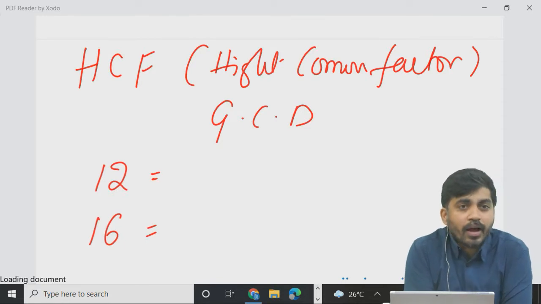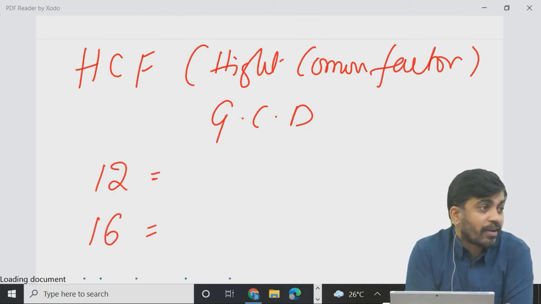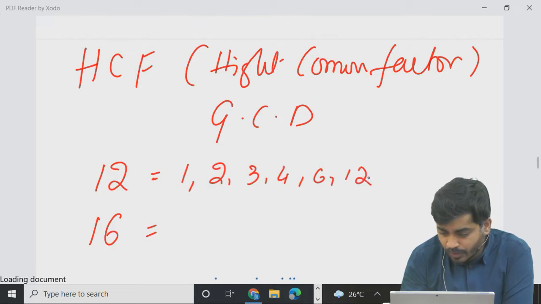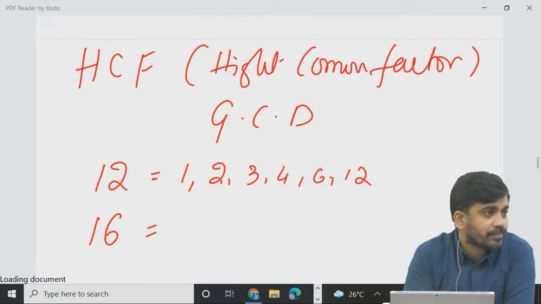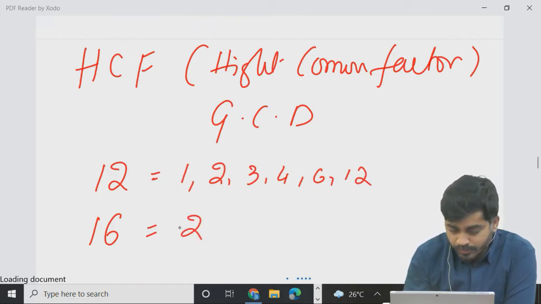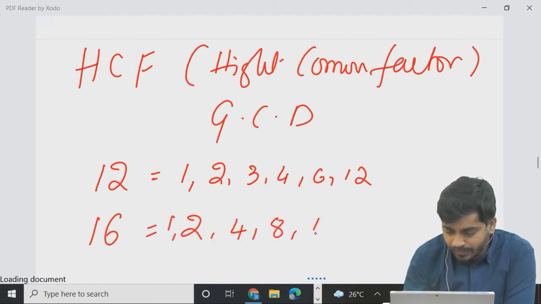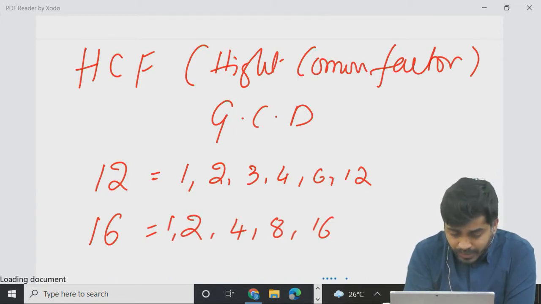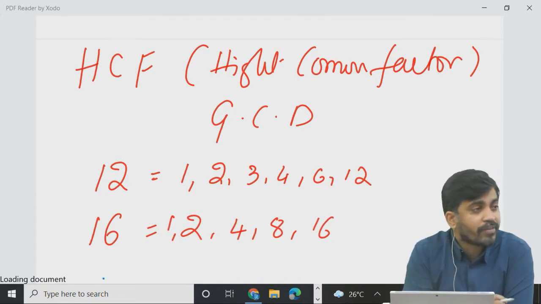Tell me what are the factors of 12? Factors: 1, 2, 3, 4, 6, 12. What about the factors of 16? 1 is anyway common. 1, 2, 4, 8 and 16, the number itself. From this, what are the common factors?